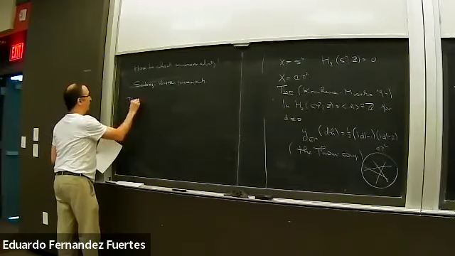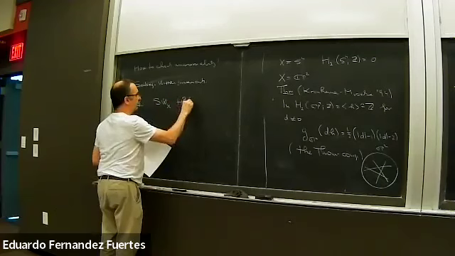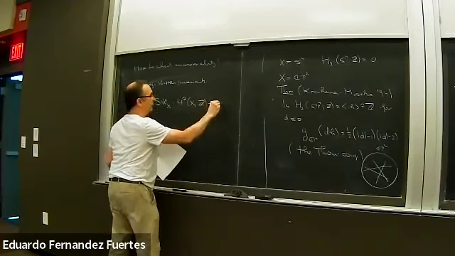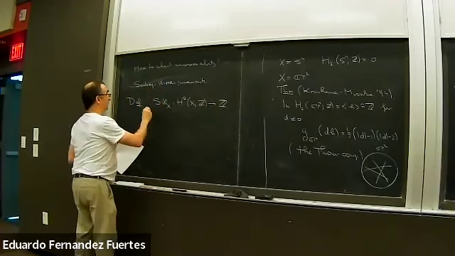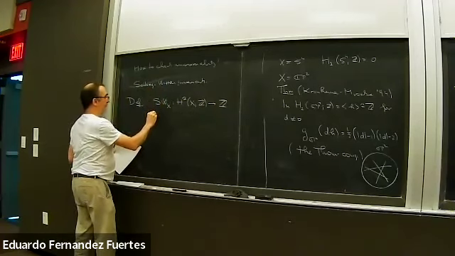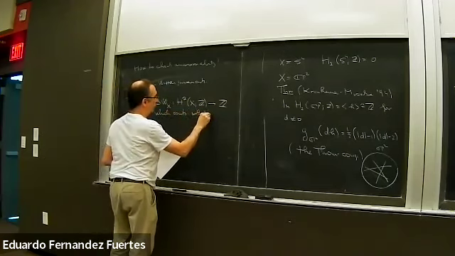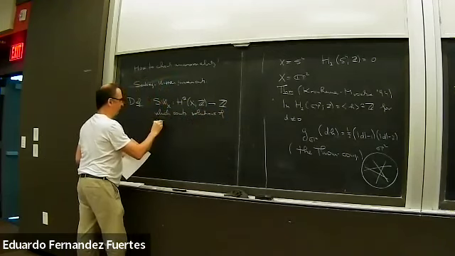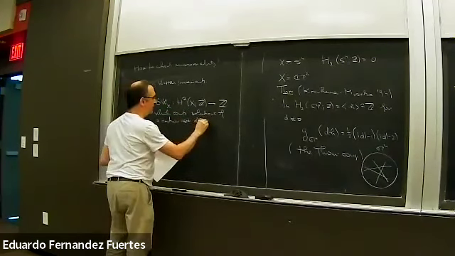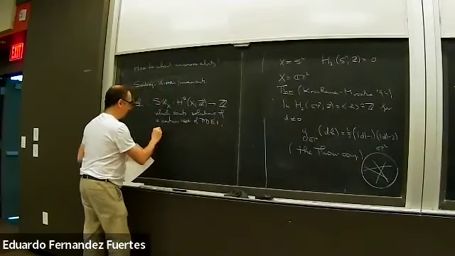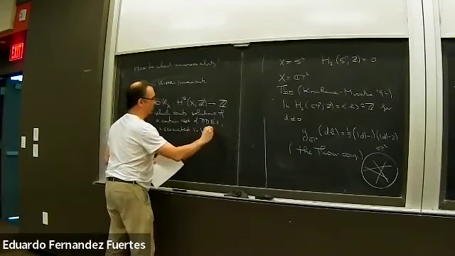So the definition: Seiberg-Witten of X will be a function of the second cohomology of the manifold into Z, which counts solutions of a certain set of PDEs associated to a cohomology class.